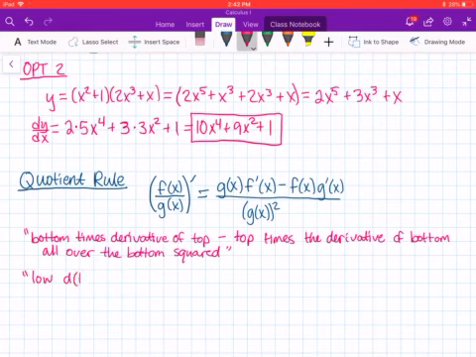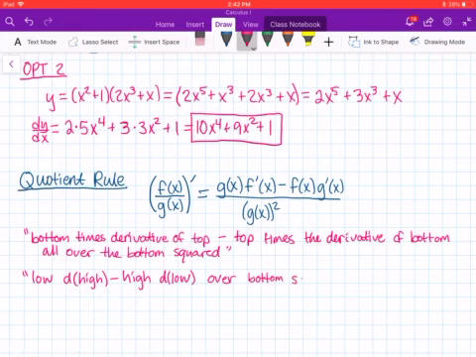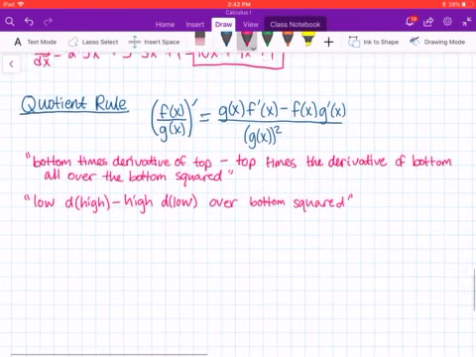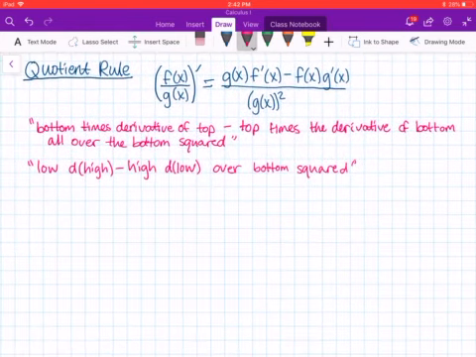And then the derivative of the high minus the high derivative of the bottom over bottom squared. So what they say is low d high minus high d low over the bottom squared. However you want to memorize it, go ahead and do that. Let's do an example real quick.